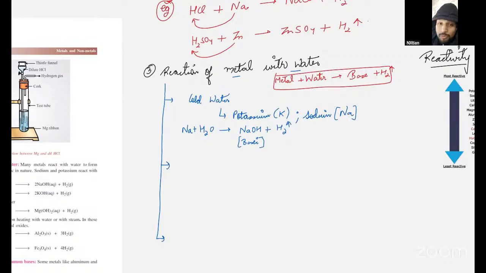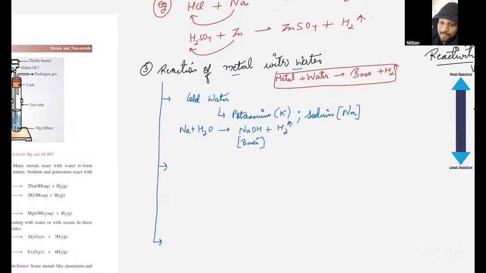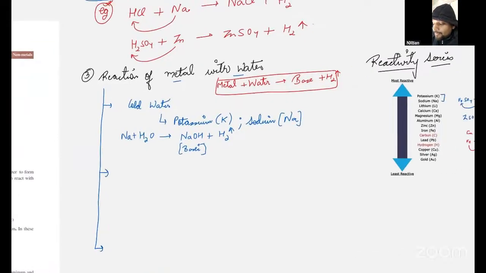Now, as I told you, water can be in three stages. First is cold water. If I take iron and put it into cold water, will they react? No, they won't react. If I take aluminium and put it into cold water, will they react?